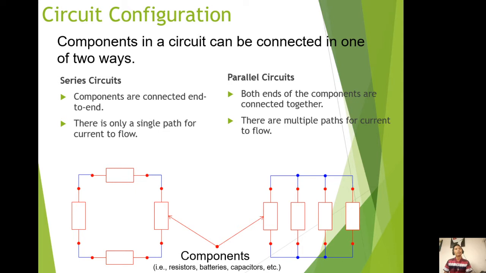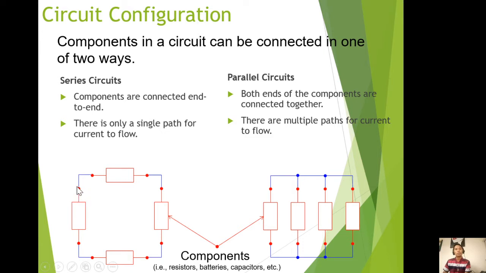A series circuit is one in which all the components are connected end to end. As you can see, for example, this is a resistor, which has two terminals. This one, that red circle, is one end, and then another end, and then another resistor, and another resistor.